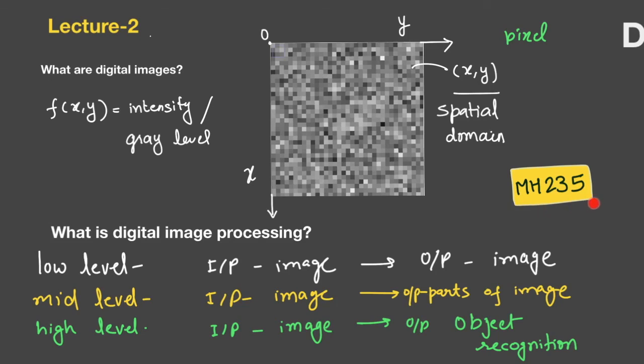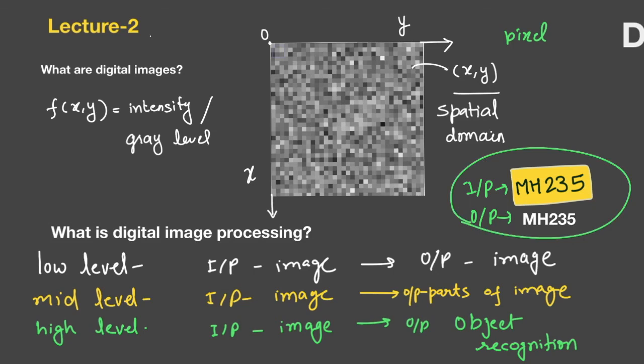So my input is an image and my output will be numbers, which are MH235. If I can do this, then I am in a higher level of image processing.